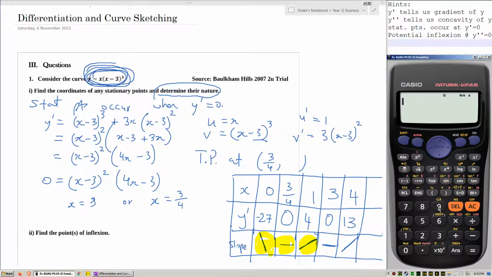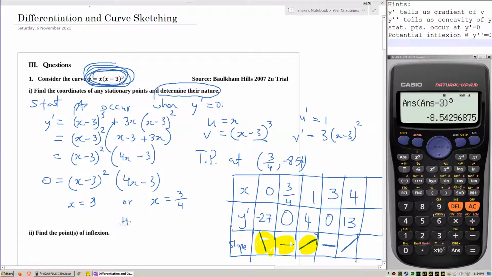And so, Ans, open bracket, Ans minus 3, close bracket cubed, and it's negative 8.4. Can I simplify that? Don't worry. I'm just going to write negative 8.5, or 8.54 if you will. And so there's a turning point there. And this is a horizontal point of inflection.